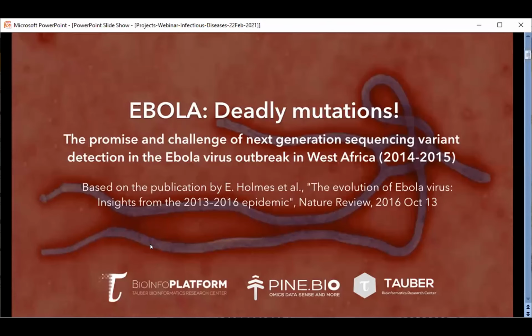So the recent epidemic outbreak in West Africa has raised concern about the implication of this virus on the human population. So here we have designed a dedicated project on Ebola based on the original publication data to understand its origin and to find out what are the important mutations or variants for this particular outbreak.